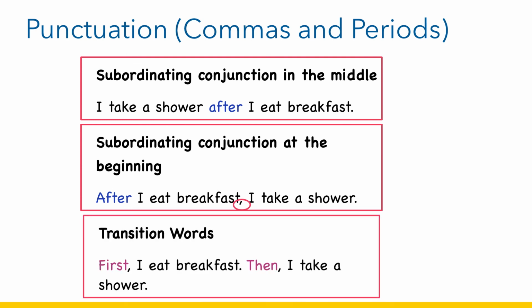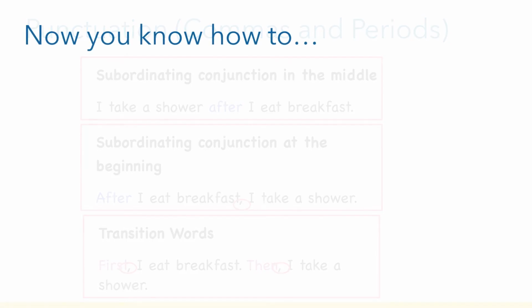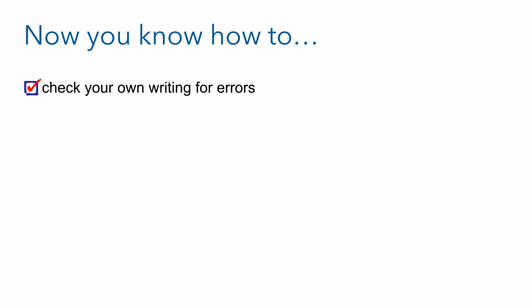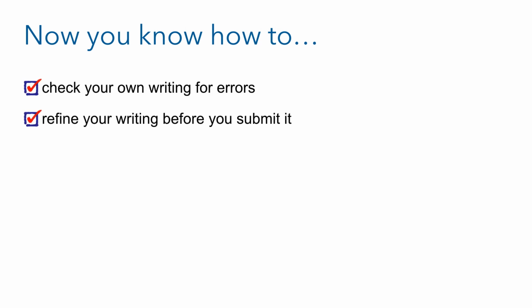And transition words have their own comma rules. Use a comma directly after a transition, then write a complete sentence. All right, you have become a good self-editor. Now, you know how to check your own writing for errors and how to refine your writing before you submit it.